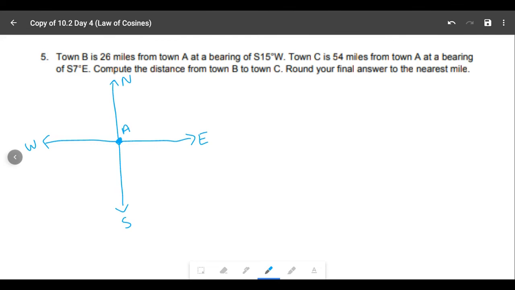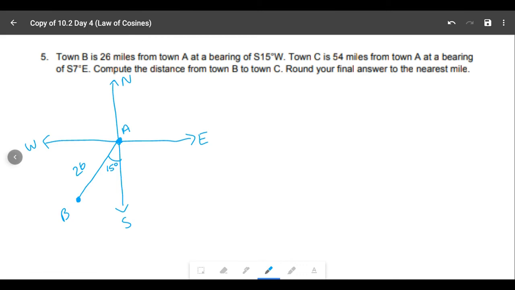And so town B is 26 miles away from town A with a bearing of south 15 degrees west. So what that means is we're going to go south and then to the west. So we're going to have some point over here where town B is at, and it's 26 miles away from A, with this measure being 15 degrees from just going south.